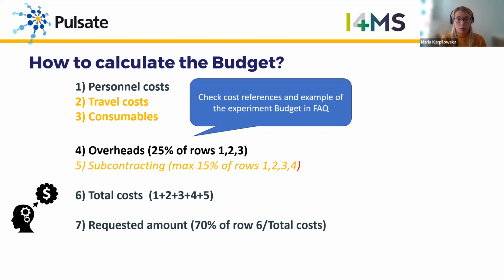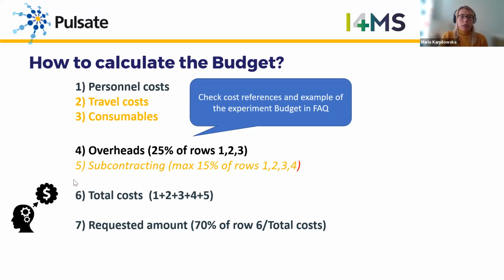Why do we have this limit? Because we want to make sure that the assessment will be performed by the company who applied for funding under Pulsate and not by a subcontractor.